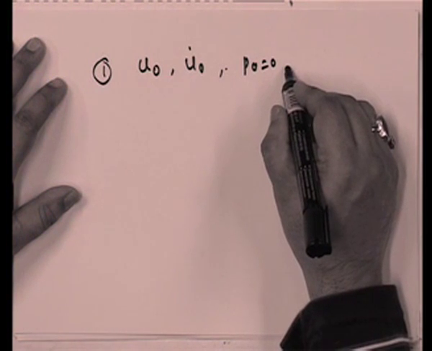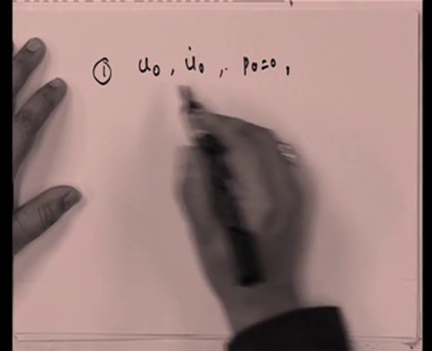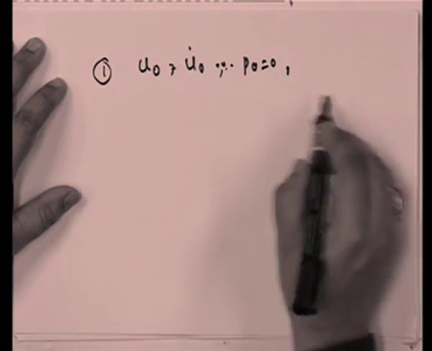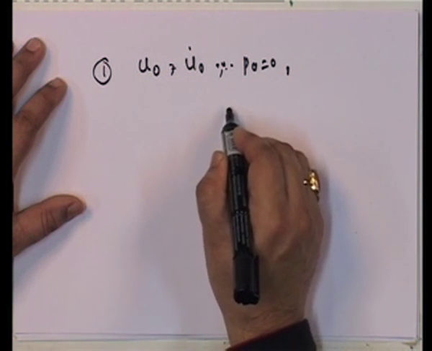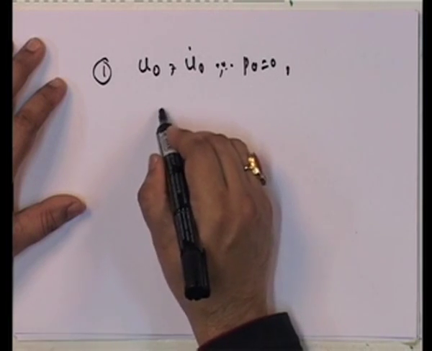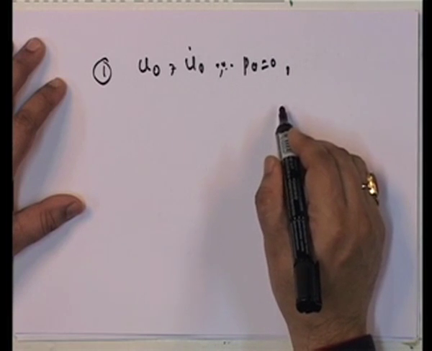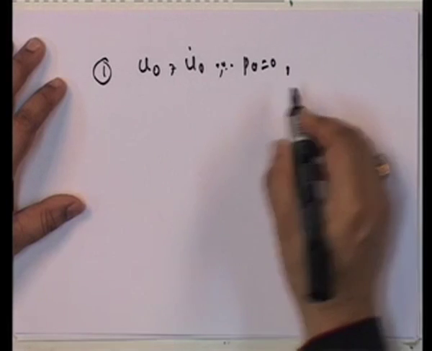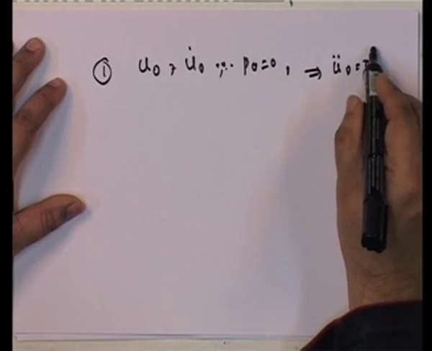Do I know the acceleration? Well, if I know these, and if these are also 0, and if I plug it into the original equation, which says m u double dot plus c u dot plus k u is equal to p 0. So, if all of them are 0, automatically this implies that this is equal to 0.